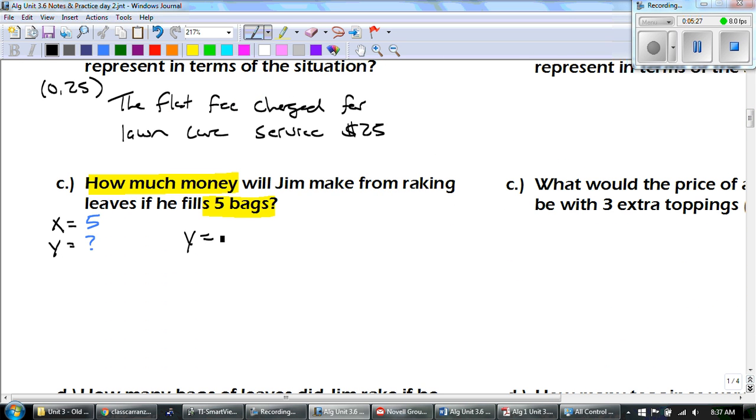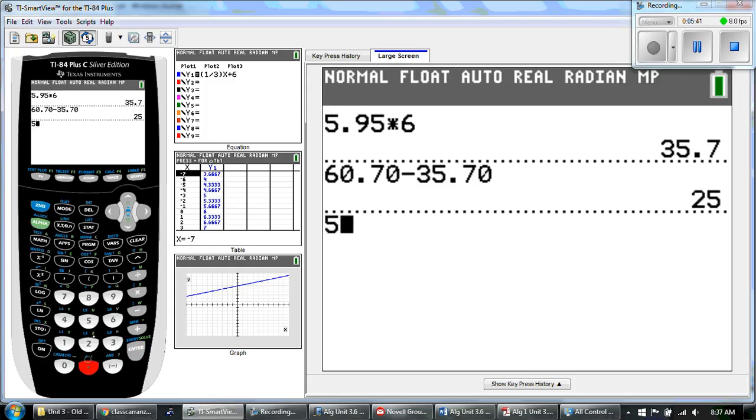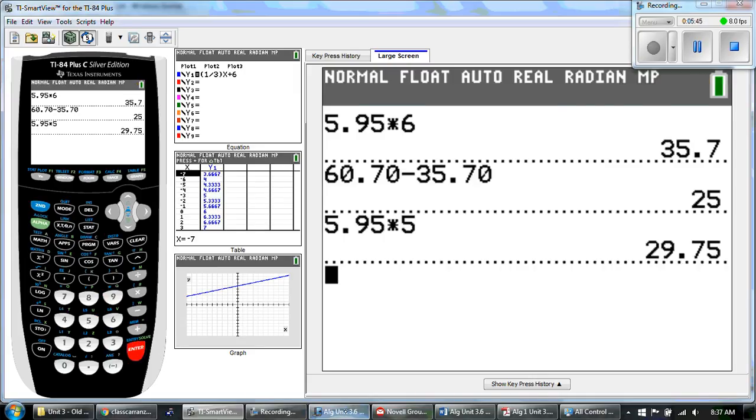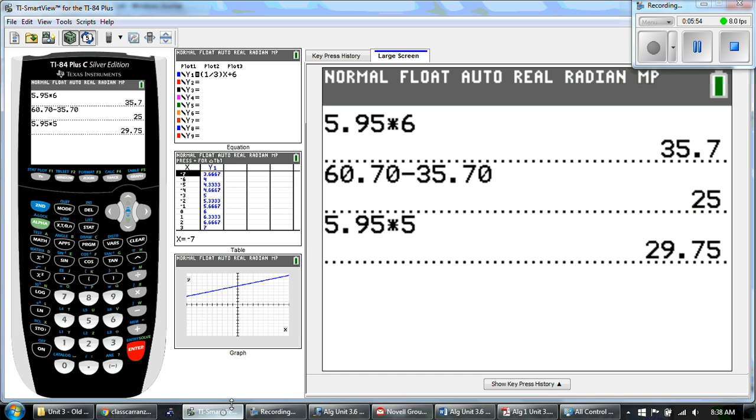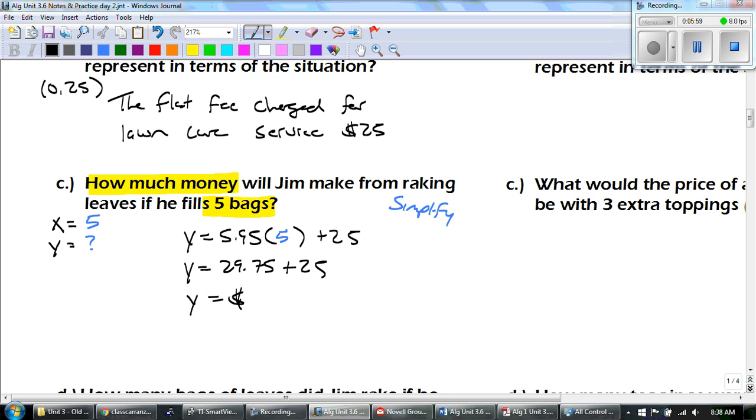The y equals 5.95 times x plus 25. And this is where we simplify. Okay, so we're going to take 5.95 times 5 to get 29.75. And then we just add $25. So plus 25, and we get a total of 54.75.